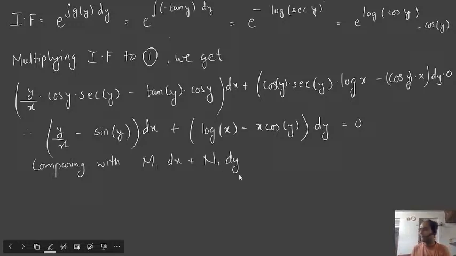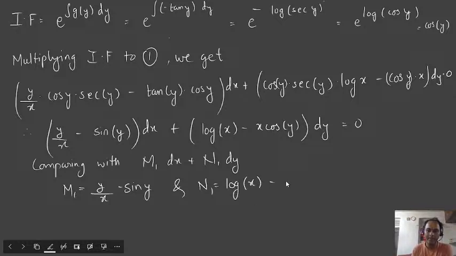M1 is equal to y over x minus sin y, and N1 is equal to log x minus x cos y.